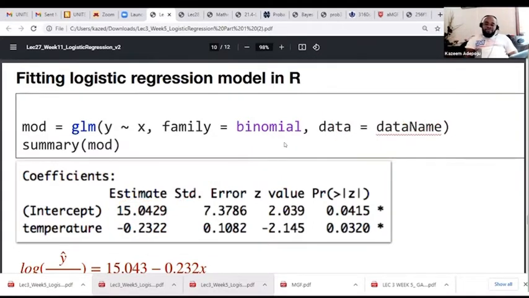Now if I have this output and I want to write a fitted logistic regression model, how am I going to write it? I told you the other time, we have it in two formats. You can write the logit form of the logistic regression model, or the probability form. This is the logit form of the logistic regression model.